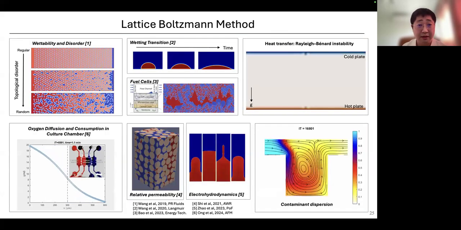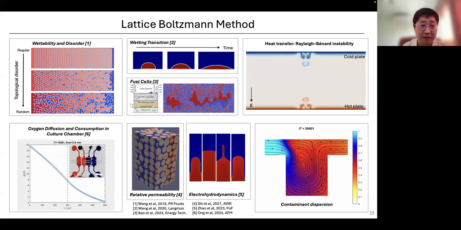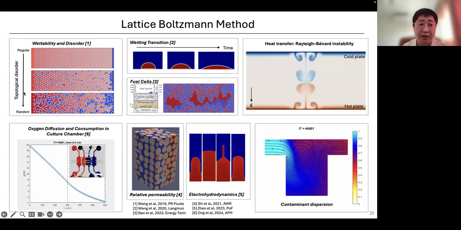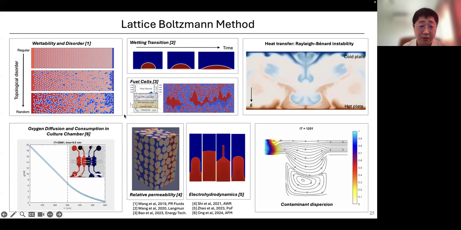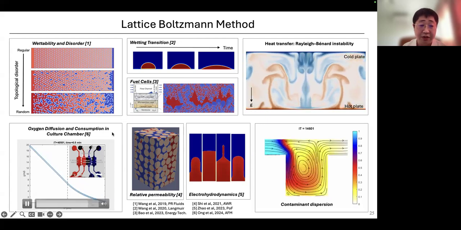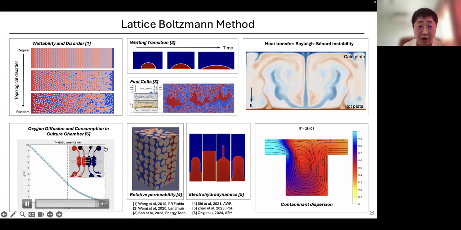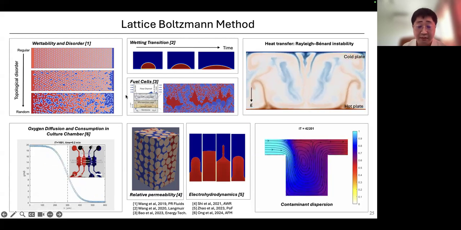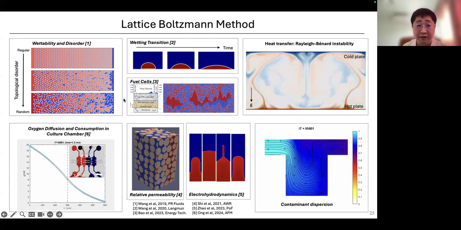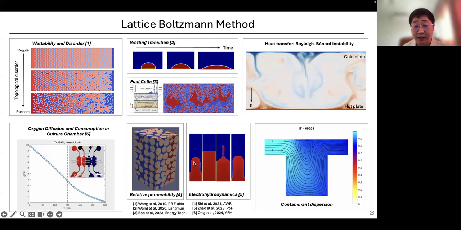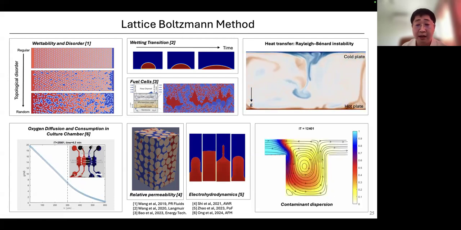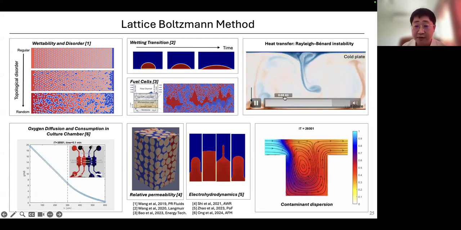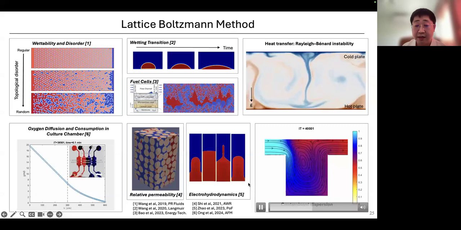So I did lots of simulation of fluid displacement in porous media, looking at how disorder or heterogeneity affects the flow. The lattice Boltzmann method can also be used to simulate the diffusion and consumption of oxygen in the gas diffusion layers of fuel cells, as well as electrohydrodynamics controlling the fingering shape by electrical field, heat transfer over here, or contaminant dispersion.